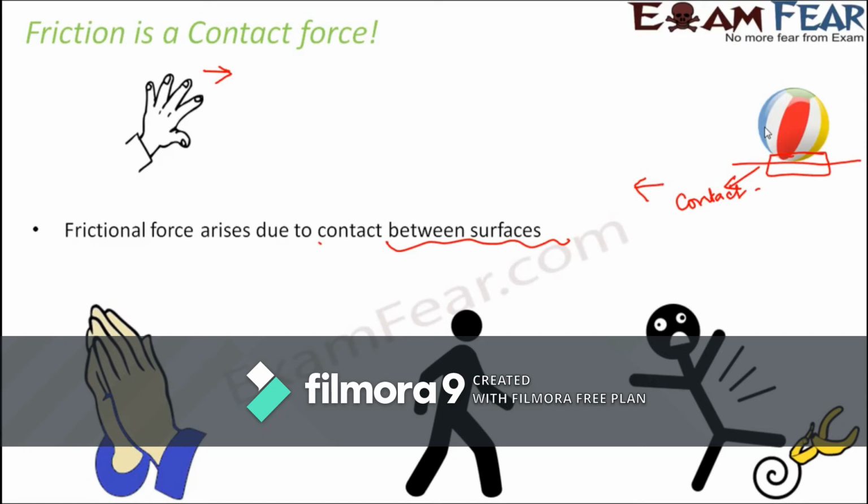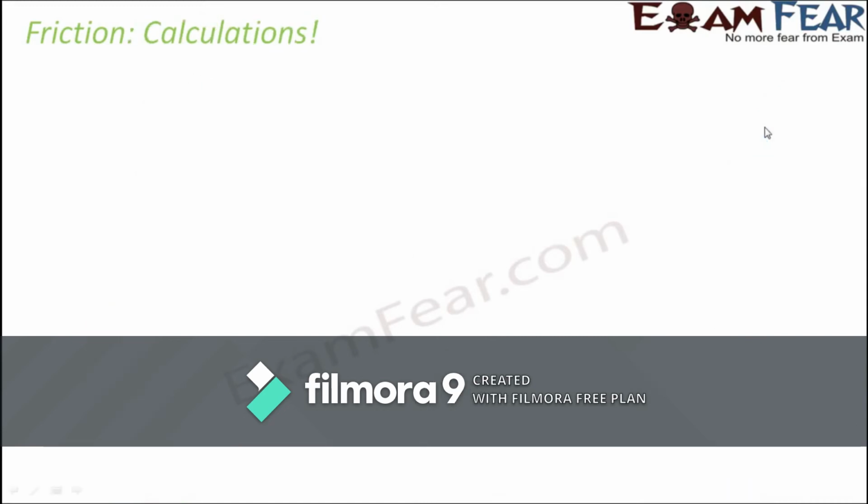The skin of a banana is very slippery, and therefore the frictional force is very less between your feet and the banana peel. Therefore the friction is less, and you tend to fall. So we are able to walk, we are able to run because of the presence of frictional force. Frictional force exists due to contact between surfaces, and therefore it is a contact force.